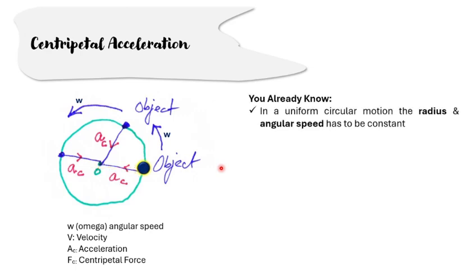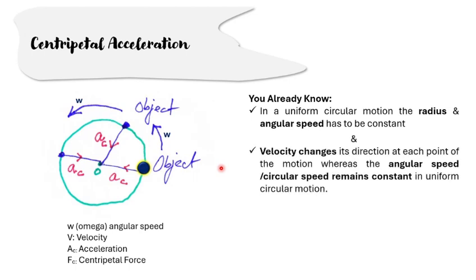You already know that in a uniform circular motion, the radius has got to be constant, and the angular speed also has to be constant.